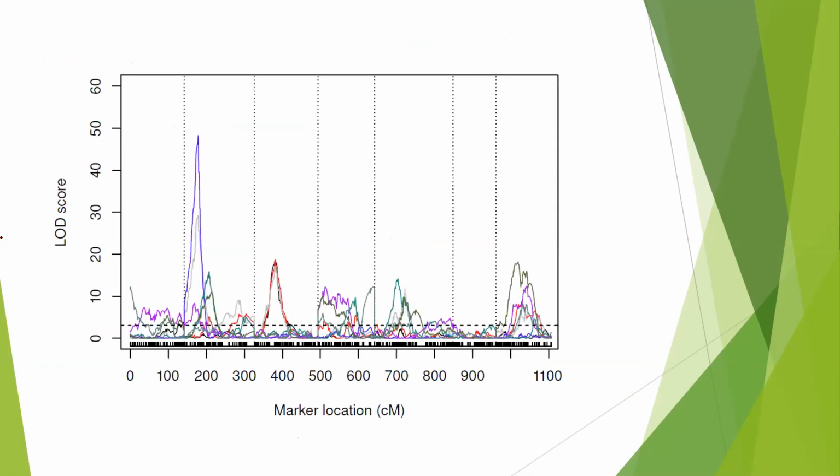And this is the output, the Manhattan plot, if you analyze multiple correlated traits simultaneously. Each curve with a unique color represents a trait, so we have multiple traits here. For example, in this locus, it seems like this locus is associated with more than one trait, right?